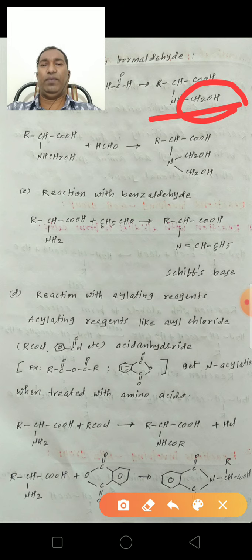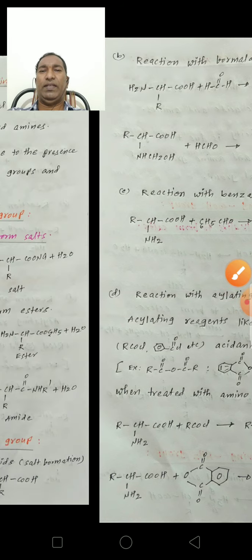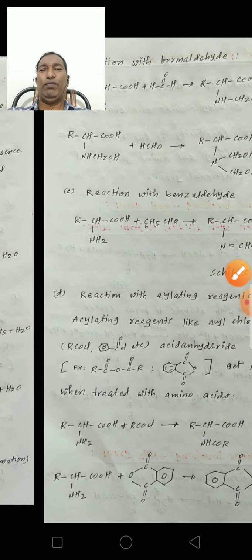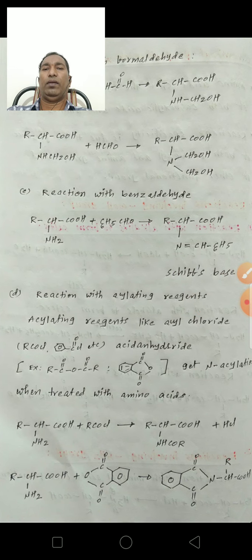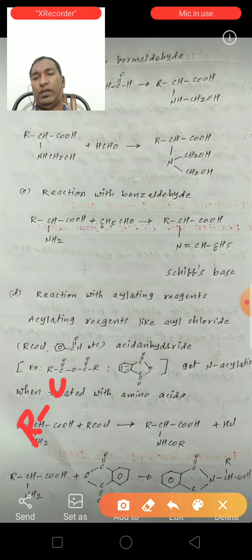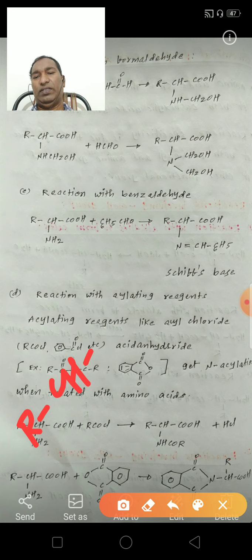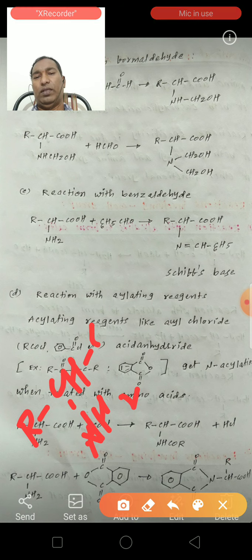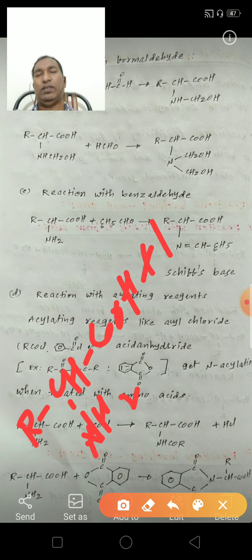NH2CHRCOOH with HCHO forms R-CH(COOH)-NH-CH2OH. See the mechanism of this reaction, which may be R CH NH2 COOH with formaldehyde.